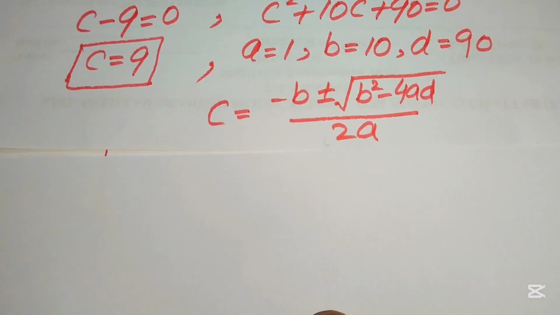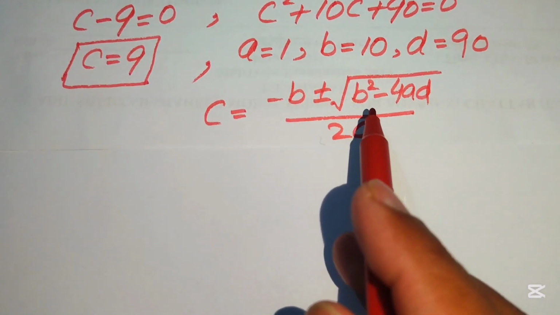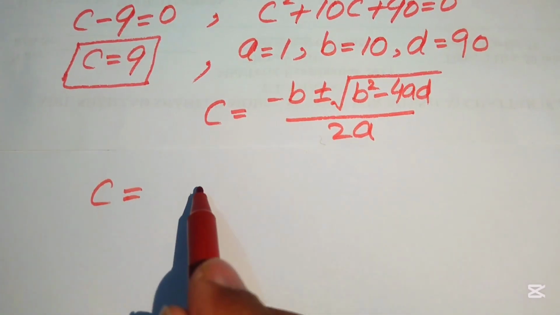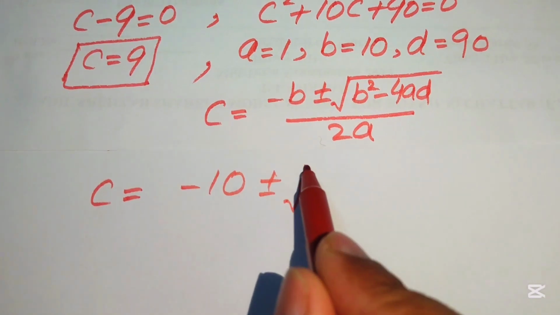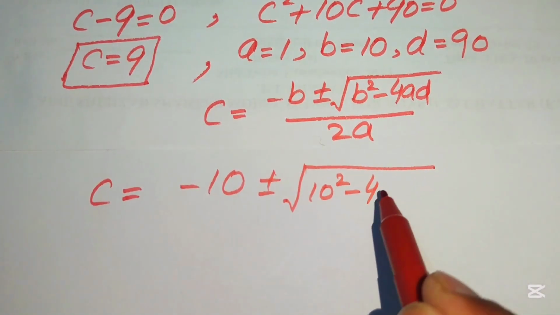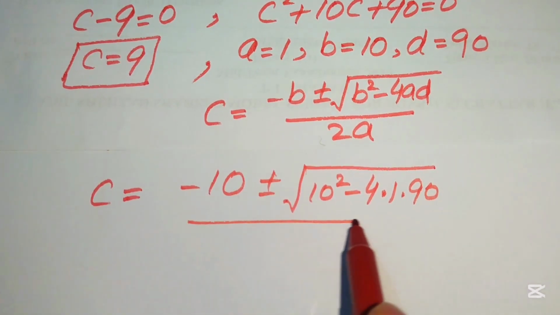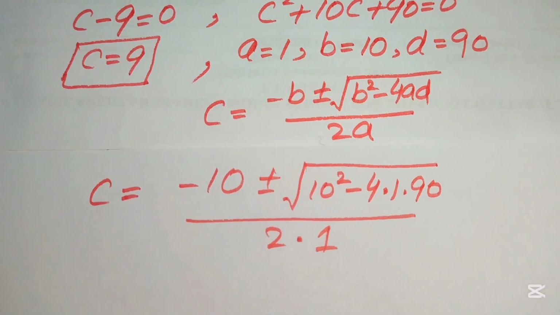Now we need to put the values of a, b, and d here. It will be written as c equals minus b, the value of b is 10, plus minus square root of b square, so 10 square, minus 4 times a, which is 1, times d, which is 90, divided by 2 times a. Here our a is equal to 1.